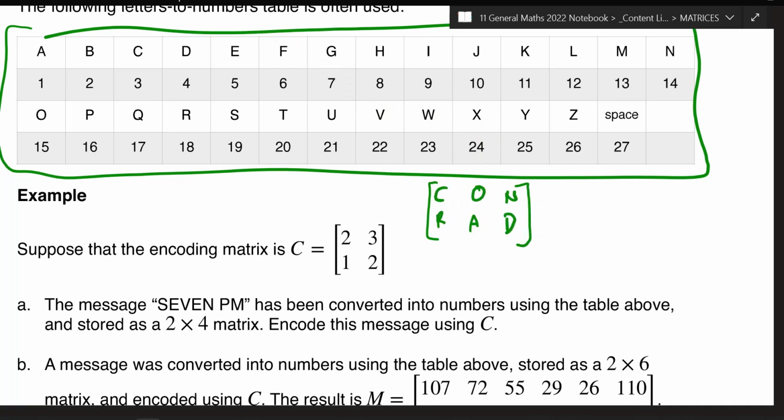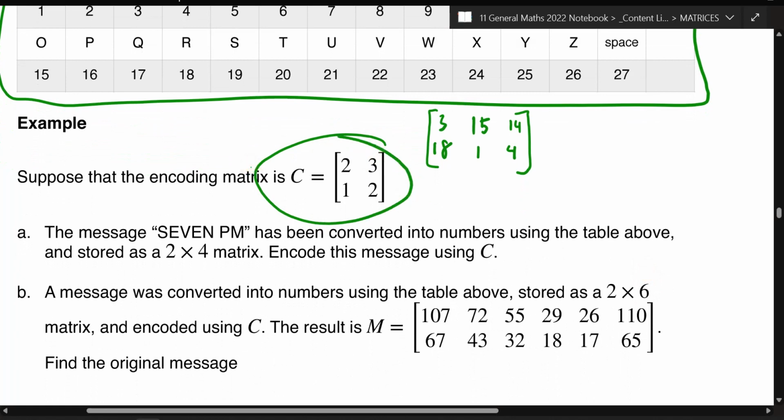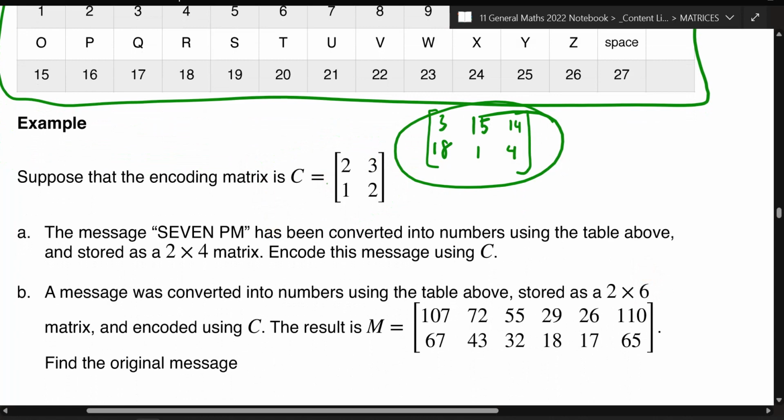Now, I'll leave the numbers up there, because that's something that I might refer to as an example. Okay, so what happens is this here, for example, is an encoding matrix. So if I wanted to send my name to somebody without anybody else knowing, what I would do is multiply these two together. And you can imagine what would happen if I multiplied this row with that column, this row with that column, this row with that column. Okay, it mixes up the numbers, yeah?